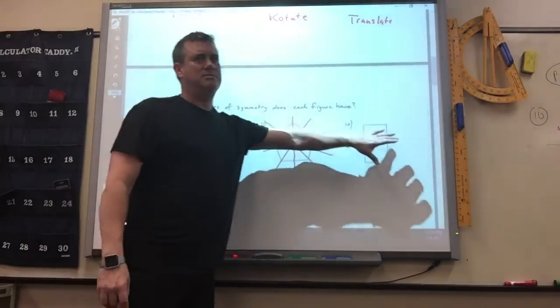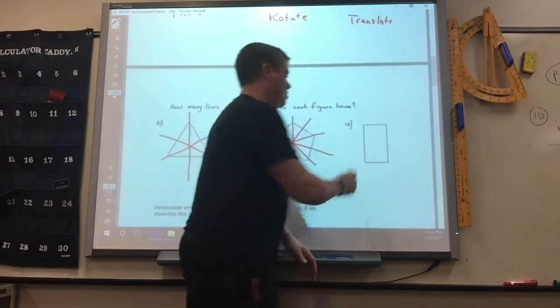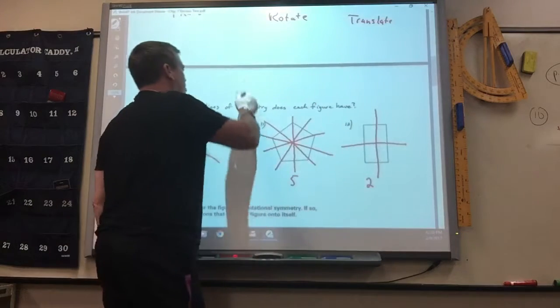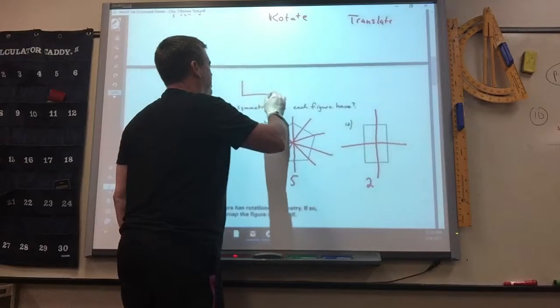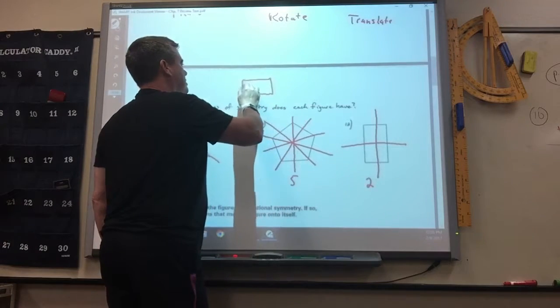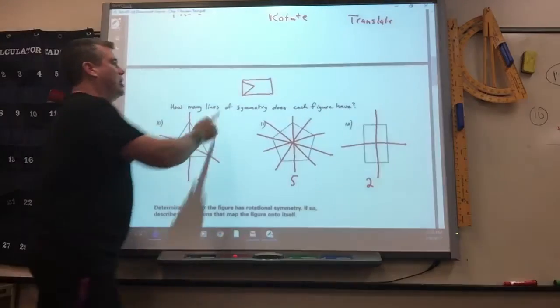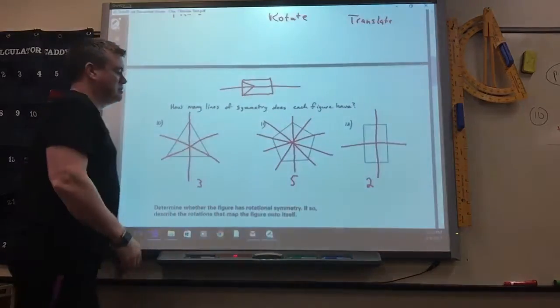A rectangle, just 2. Right there and right there. Now remember, if there's a flag like this, how many does that have? Just 1, right through there.